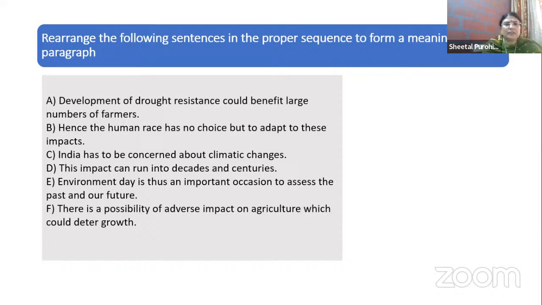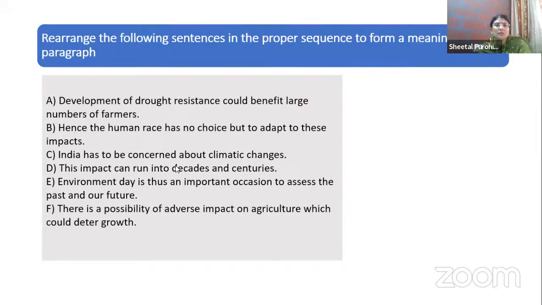So we look at the sentences. If it says development of drought resistant crops could benefit a large number of farmers, it's a statement given, but then, hence the human race has no choice but to adapt to these impacts. These impacts should refer to some impact, right? So this second one cannot be the first sentence.